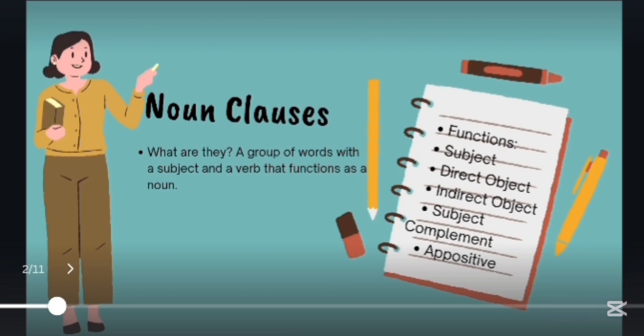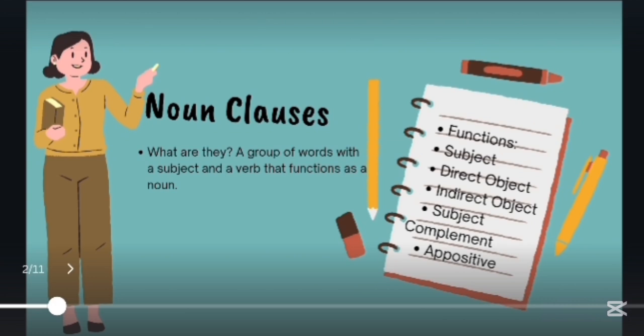We can see the different functions of this one, like subject, direct object, indirect object, subject complement, and appositive. So noun clauses are a group of words that has their own subject, but in the main sentence they act like a noun.